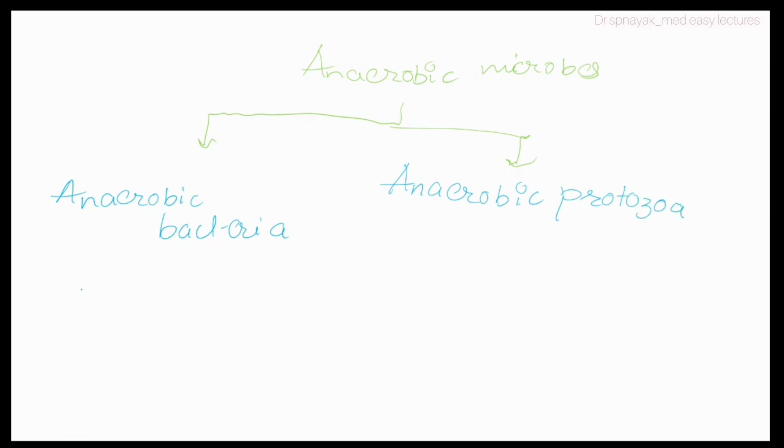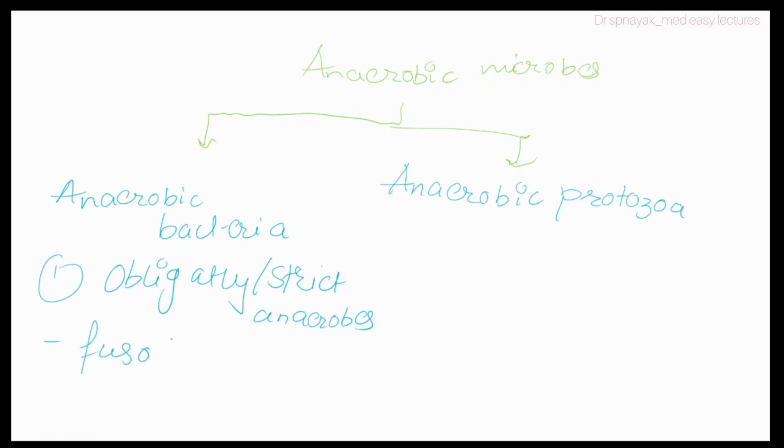In anaerobic bacteria, we have certain classes. The first class is obligatory or strict anaerobes. In obligatory or strict anaerobes, we have an example which is Fusobacterium.